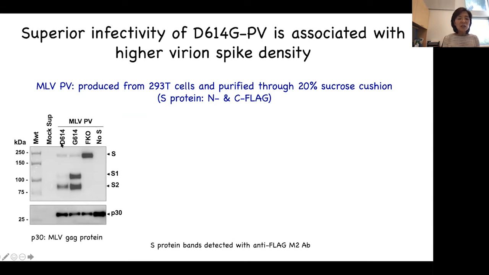As you see here, D614 S1 and S2 bands, and G614 S1 and S2. The total S protein is a lot more with the G614 virus, and the S1 to S2 ratio is also higher with the G614 virus. The quantity of virus is controlled by the amount of P30, the MLV Gag protein.